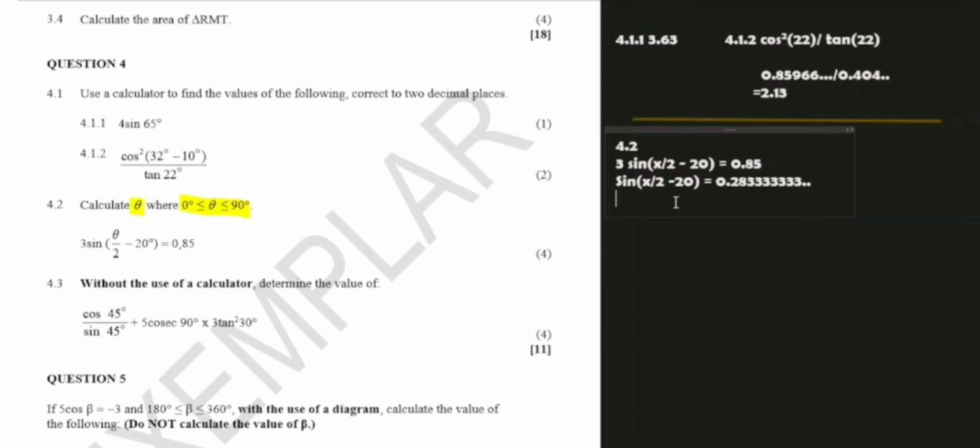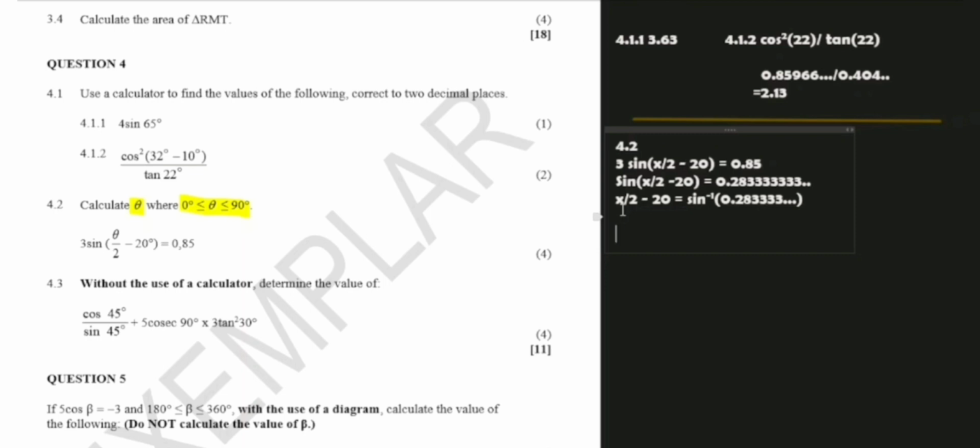In this instance, you're gonna say x over 2 minus 20 is equal to sine, and take the answer that you got, paste it as is. And then whatever answer this is going to give you, you're going to add 20 because you have to take 20 to this other side, and then that answer you have to multiply by 2, because to isolate x or to make x the subject of this formula, you have to multiply both sides by 2.